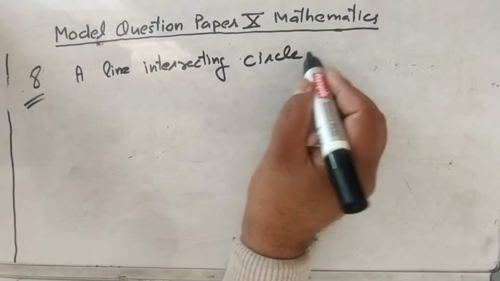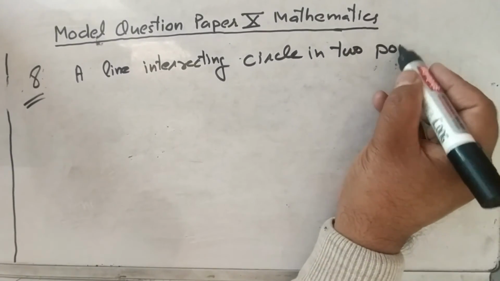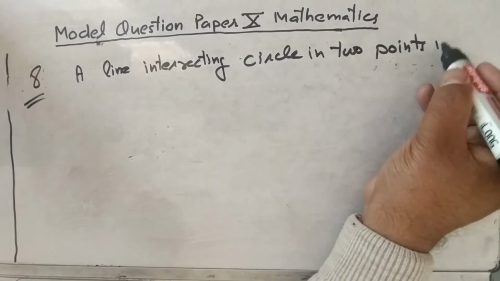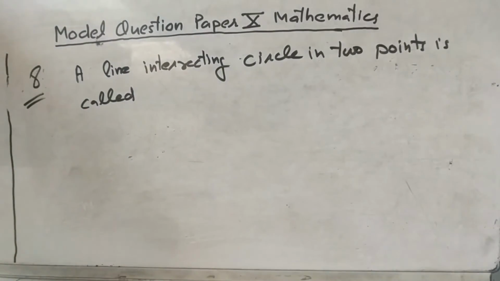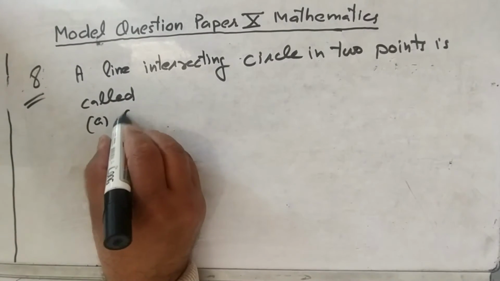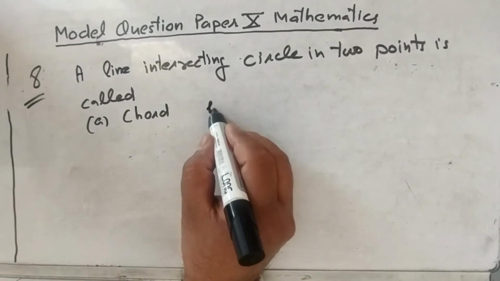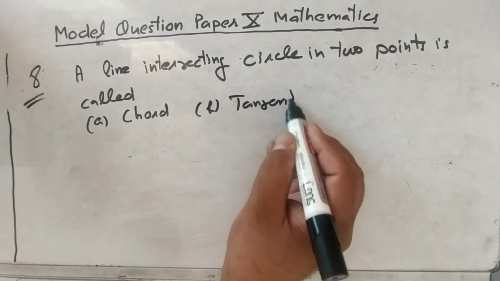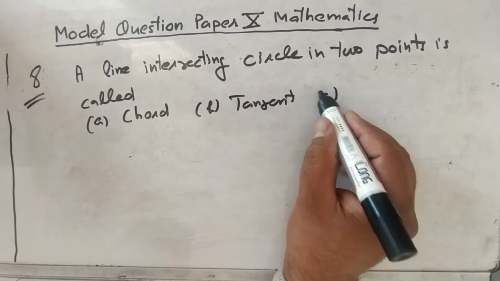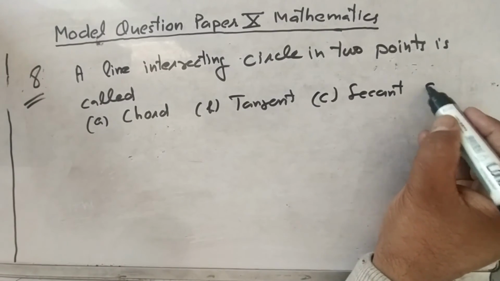A part is chord, B part is tangent, C part is secant, D part is none. Okay, children?